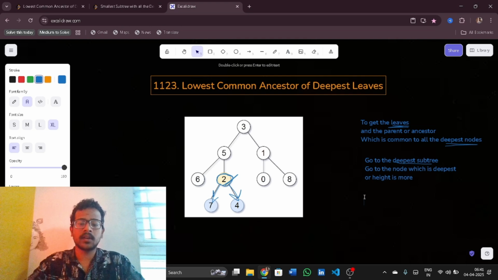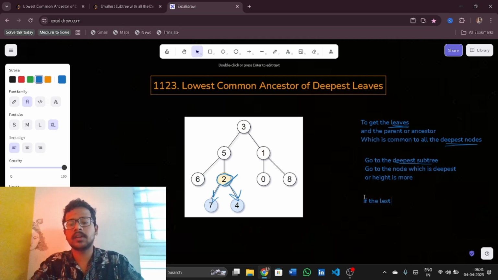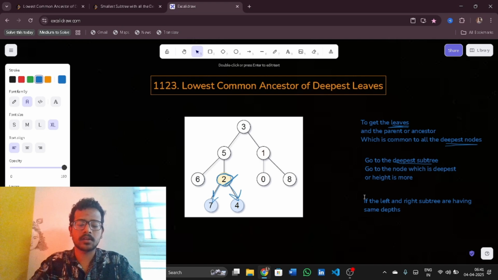If the left and right subtrees have the same depths or heights, then return that node as the least common ancestor.